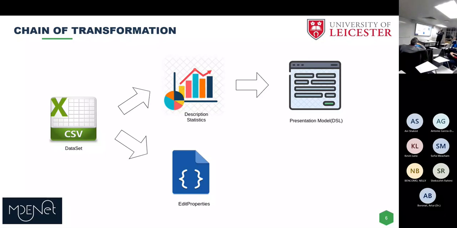So basically, these edit properties are properties from the data set that we can map to the UI element. Taking a very simple scenario, we might have, let me say, a categorical variable, and we are having a data of close to 200 entries.